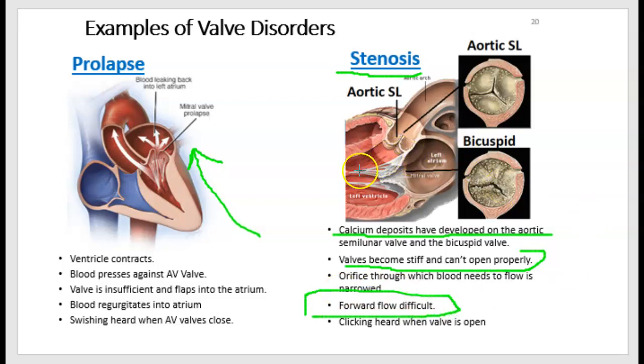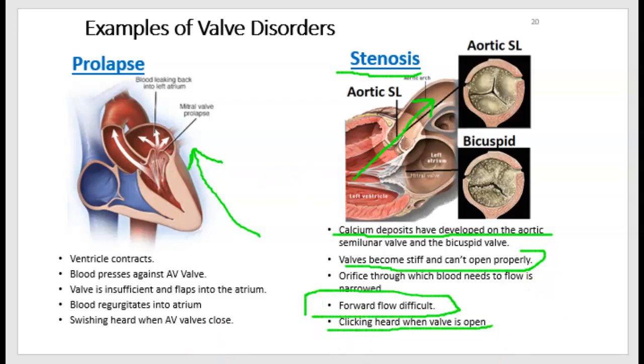So let's just say it's, again, from the left ventricle into the aorta. Then that narrowed opening through the semilunar valve would make the blood kind of click as it goes past the valve.